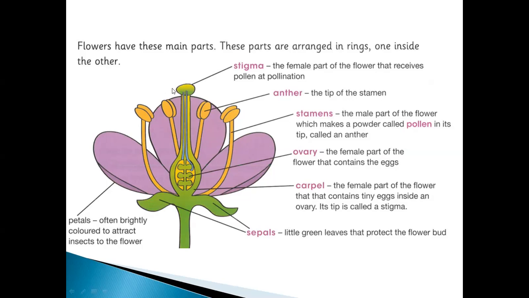So the flower has these main parts. In the last slide, I showed you in detail, but these are the main parts. And today I also showed you a video in which everything is described clearly. These parts are arranged in a ring.